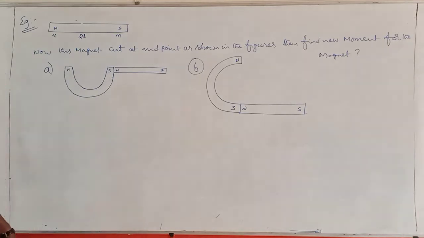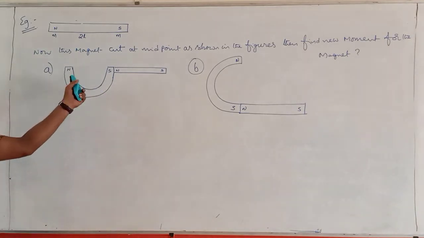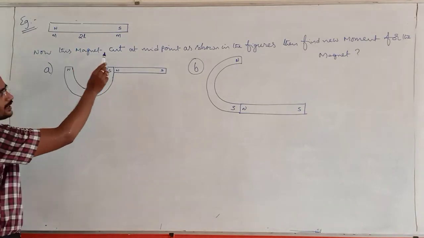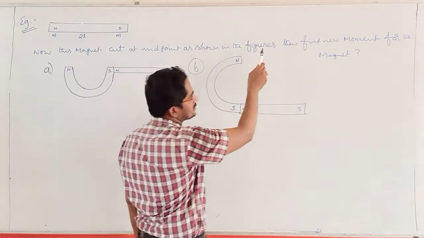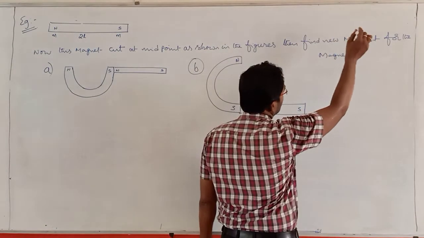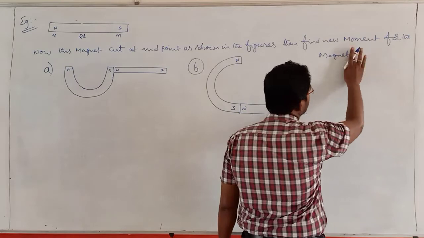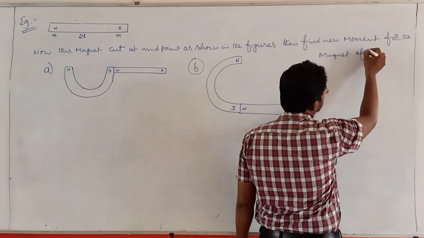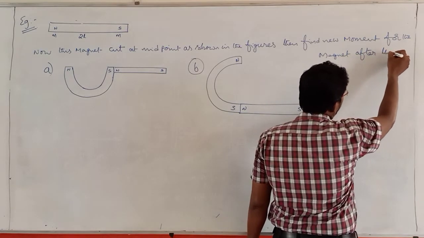What is the moment for these two diagrams? Now this magnet is cut at the midpoint as shown in the figures, and find the new moment for the magnet after their arrangements.